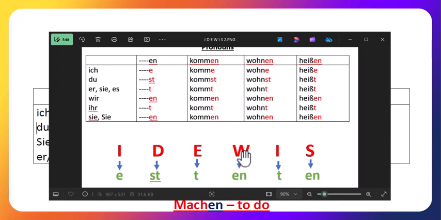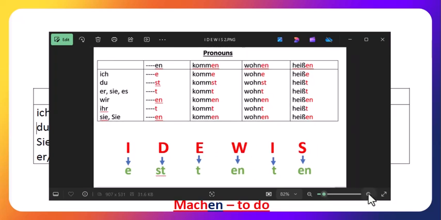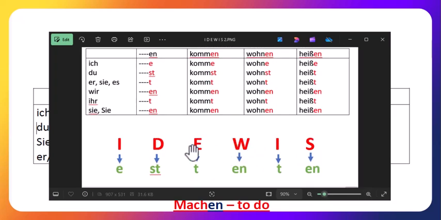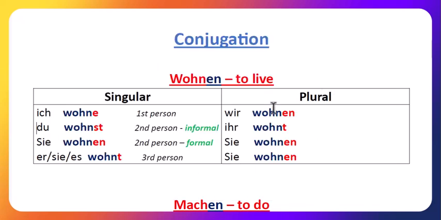No matter what, this is the ending unless the verb is a special case. Wohnen: ich wohne, du wohnst. This W is pronounced as V, like wohnen in German.